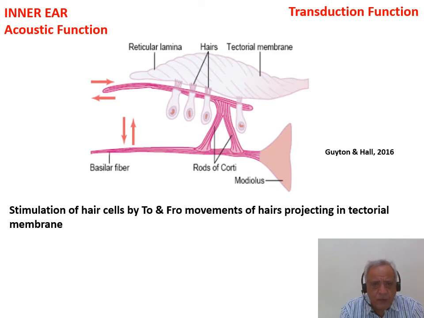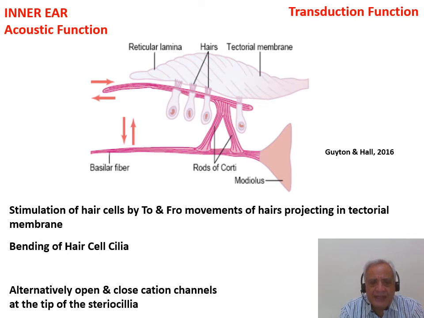When the tectorial membrane moves to and fro, it will stimulate the stereocilia at the apex of the hair cells. This will lead to bending of the hair cell cilia, and this bending will open and close the potassium channel gate, as we are going to show now.